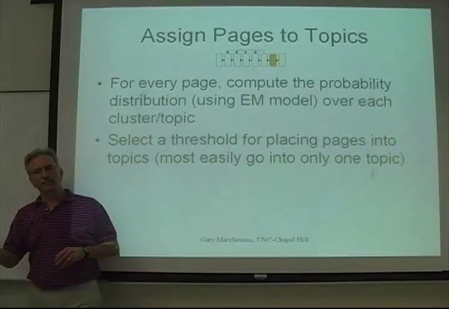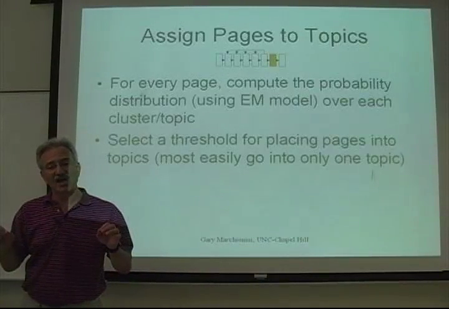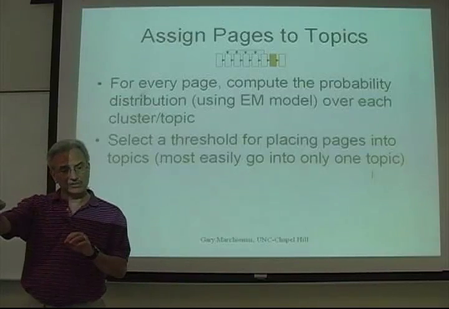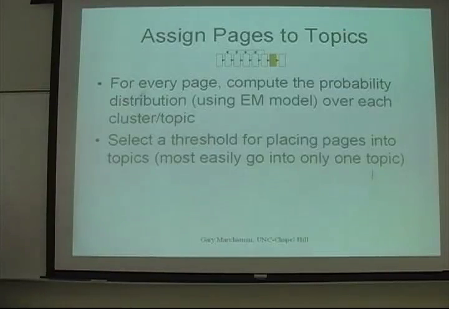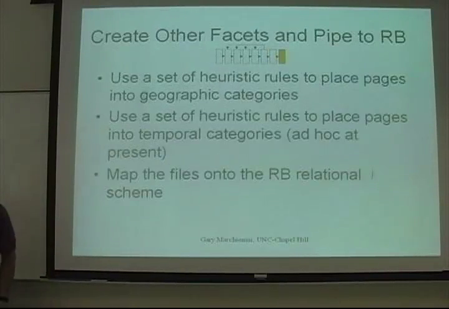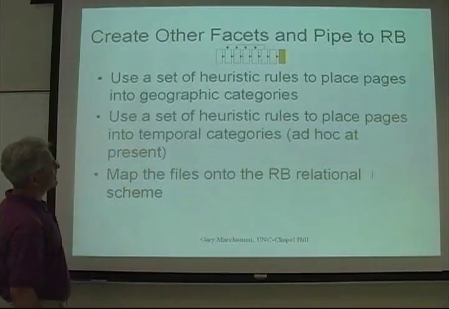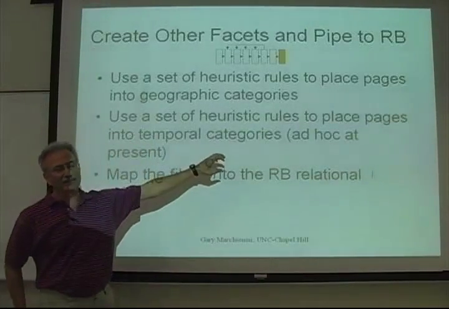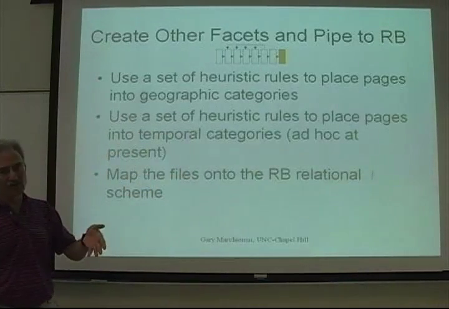Well, we're not going to put it in there. So we have the possibility to now assign documents to multiple clusters. In most cases, though, they went easily into one topic based on some simple thresholding. So finally, after we've done this and we've named these clusters, it's now time to put it into the database structure that the relation browser works on. And this is a pretty much straightforward kind of step.